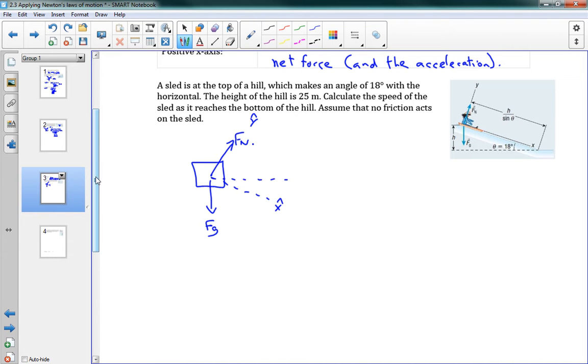Yeah, we'll need to fill out some directions. So we're told that this hill is 18 degrees to the horizontal. So it looks like this, which means that this remainder here is going to be 72 degrees. And that's going to be useful if I want to break this gravity component into perpendicular components.